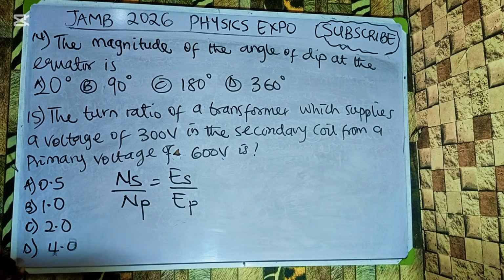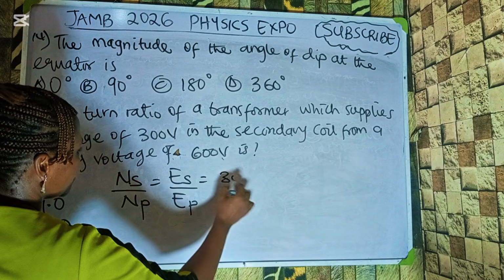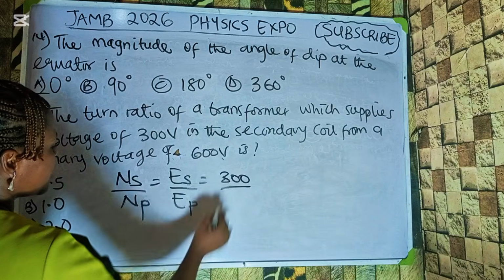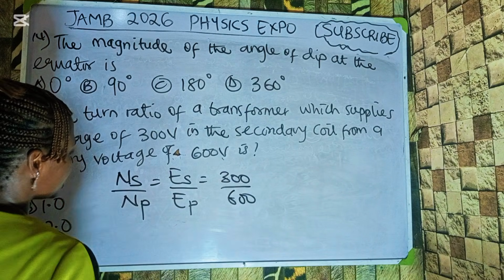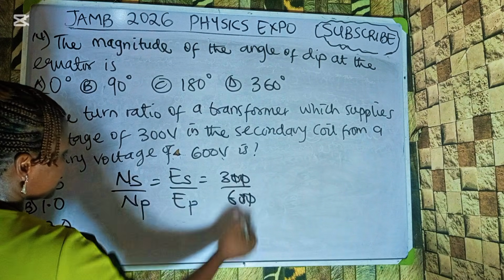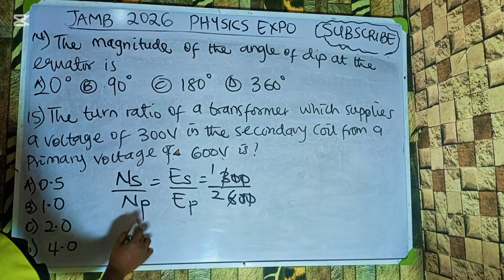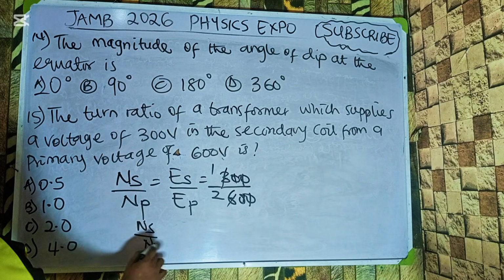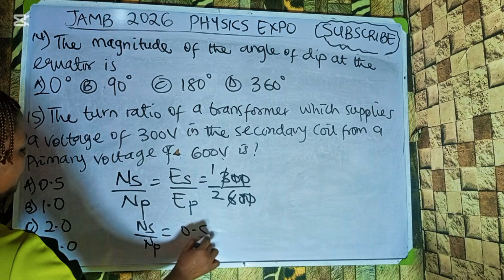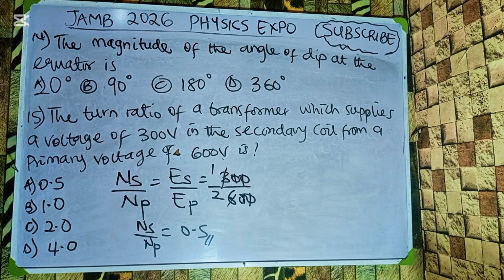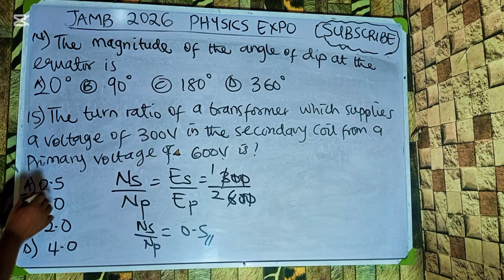Then the voltage of the secondary is given as 300 over that of the primary, which is given as 600, right? So we just have to divide. This is going to give us 1 over 2, right? So 1 over 2 is equivalent to what? 0.5. So the turns ratio of this particular transformer is 0.5, right? So the correct option is option A.